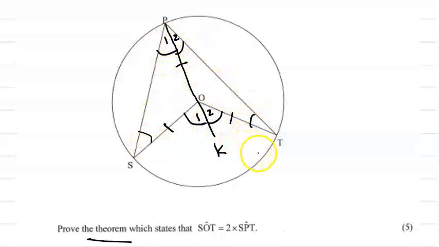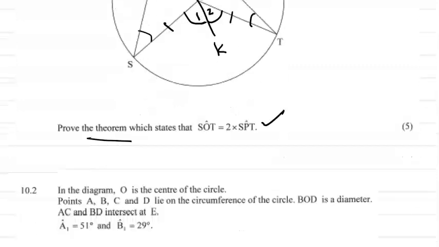And we'll eventually be able to show that SOT is 2 times SPT. So once again, the most important point to remember in this particular question is to remember the construction and how to label your diagram. And then the proof becomes quite easy to do. And once again, if you want to learn this particular theorem, you can look at jrmaths.com.